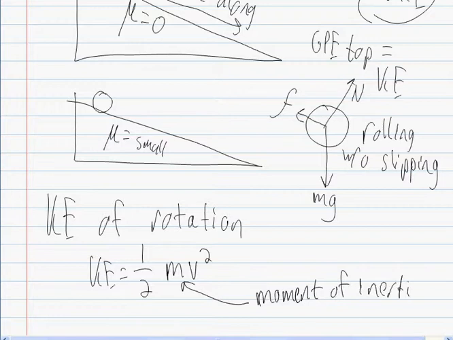And our analog to translational motion is going to be rotational motion. So we're going to say this is going to be angular velocity. So let's see what that looks like.